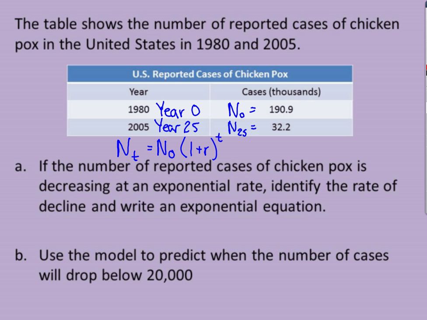So we have n sub t is equal to n sub 0 times 1 plus r to the t power. Now we know our n sub t in this case is going to be 32.2. Our n sub 0 is 190.9. And we know that it's 25 years later.